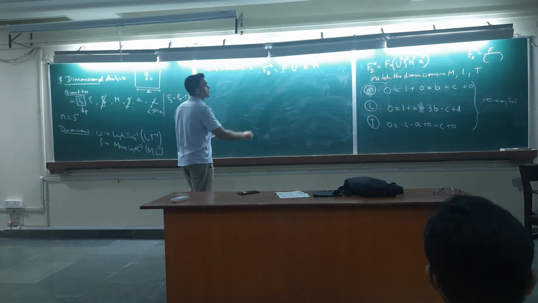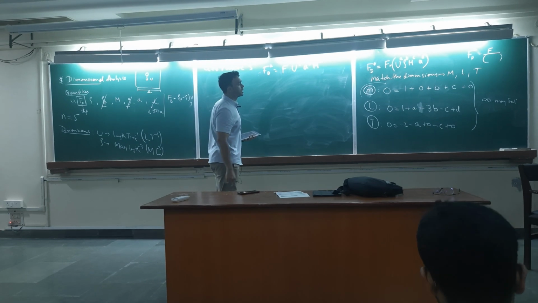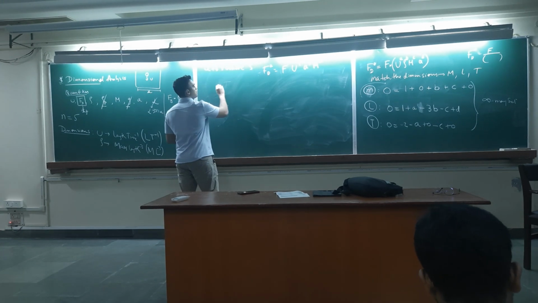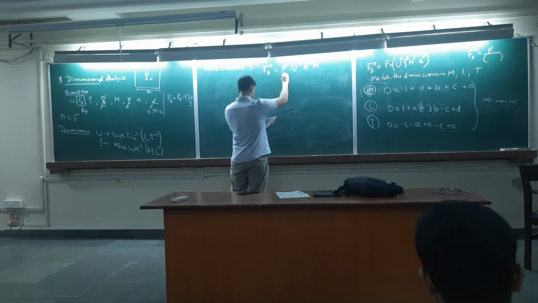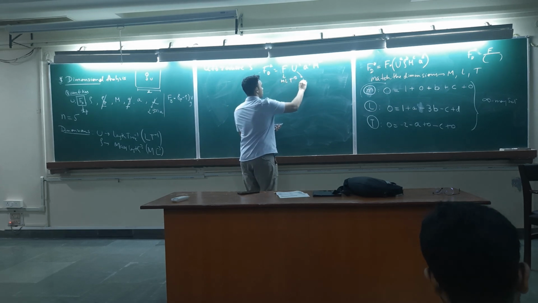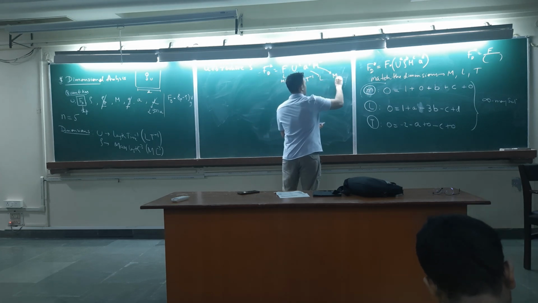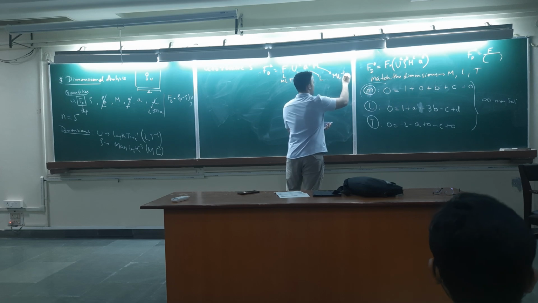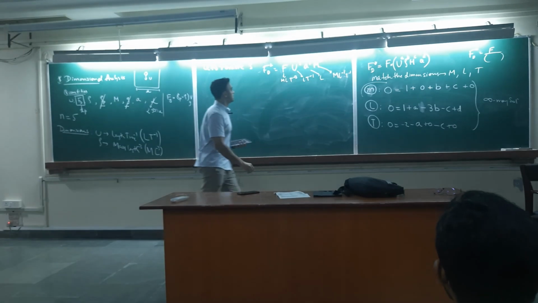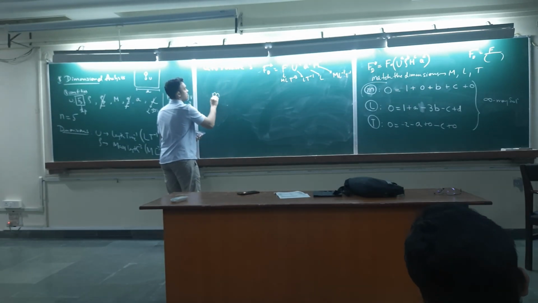Now, I'll do the same exercise, match the dimensions MLT. MLT minus 2, LT minus 1, L, and this is ML minus 1, T minus 1. This is easy.